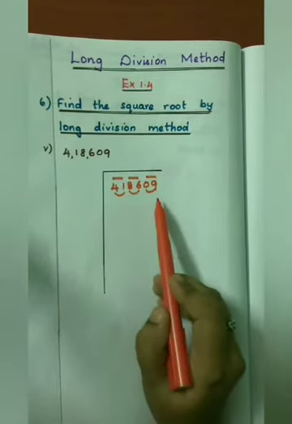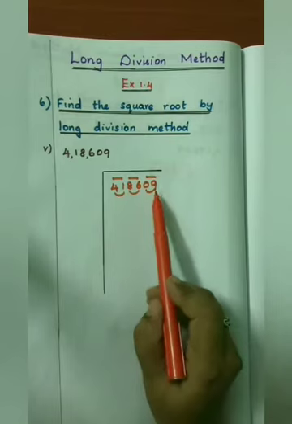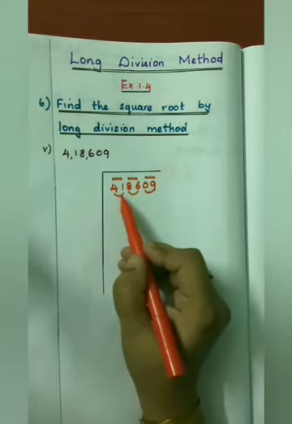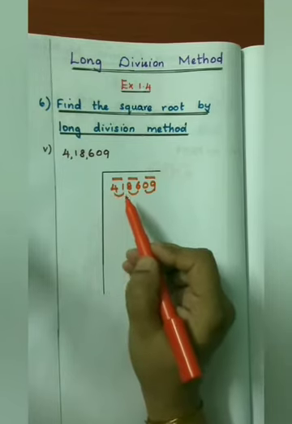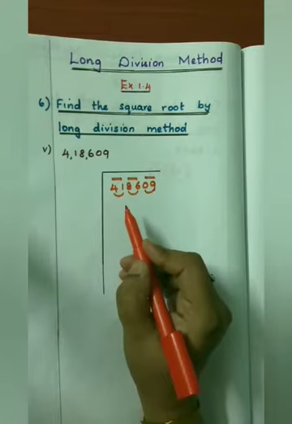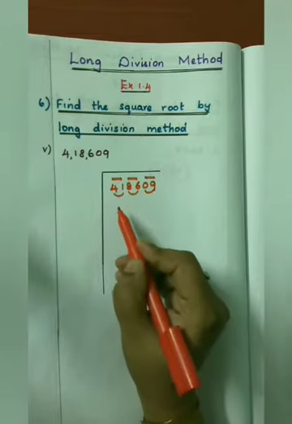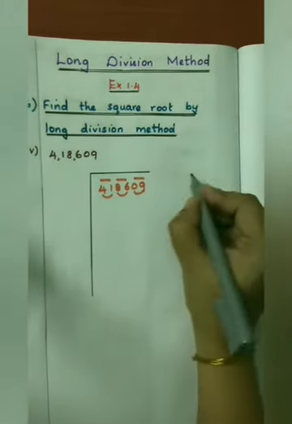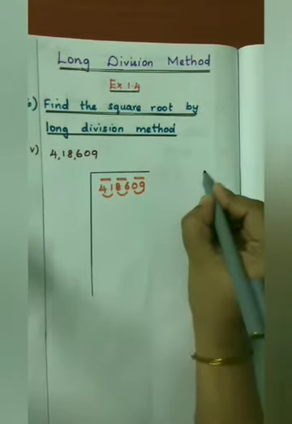So how many periods are here? 3 periods are here. First you take the first period. So what do you have there? 41. Let us find the largest number whose square is equal to or just less than 41. Find squares of numbers starting from 1.